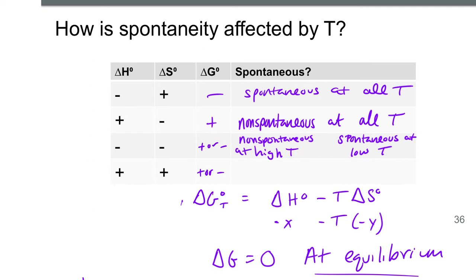So it's going to be non-spontaneous at low temperatures and it's going to be spontaneous at high temperatures. Before we do an example, are there questions on that? Questions on the table? Or getting to the filling out the table part?